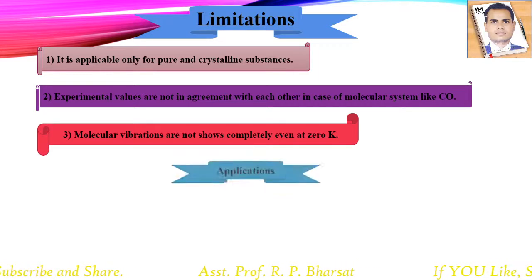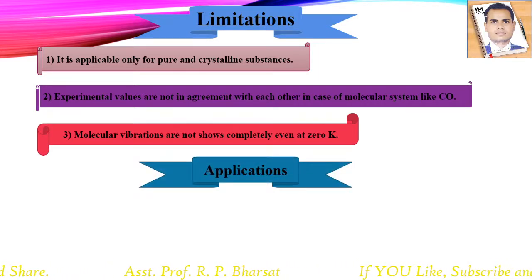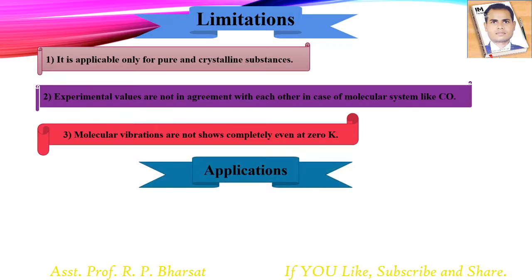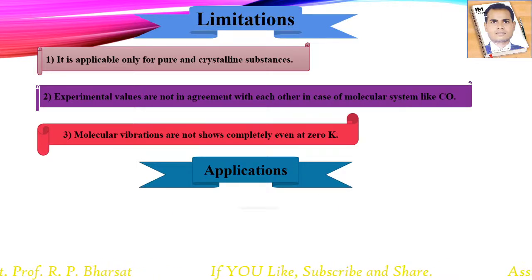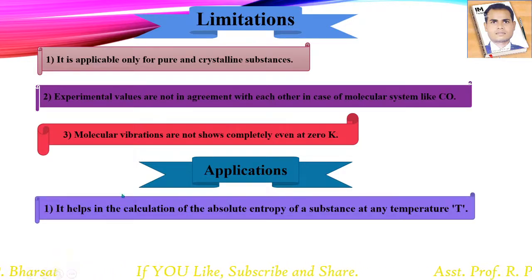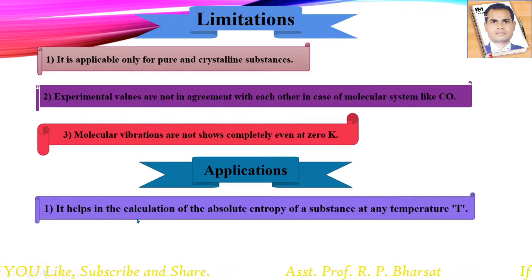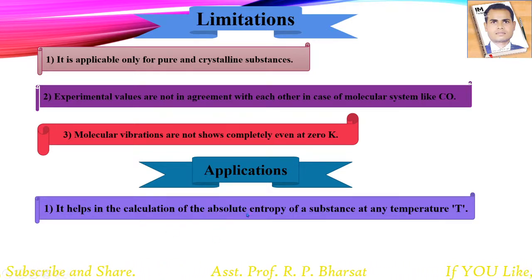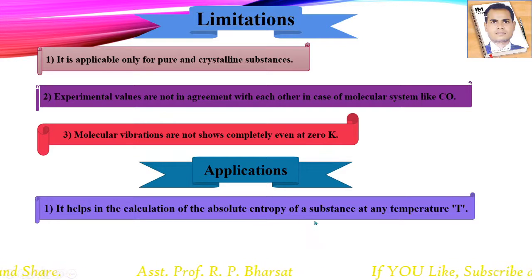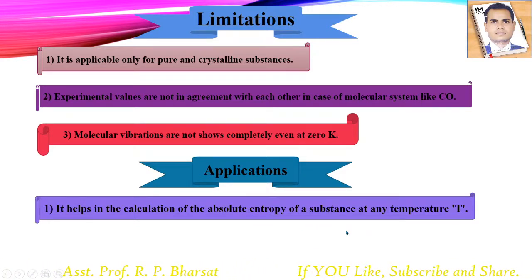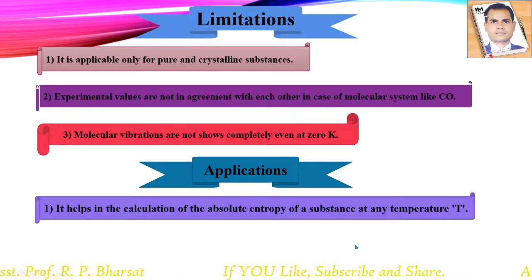The next one is applications, where we can use the third law of thermodynamics. The first one is that it helps in the calculation of the absolute entropy of a substance at any temperature, that is capital T given.